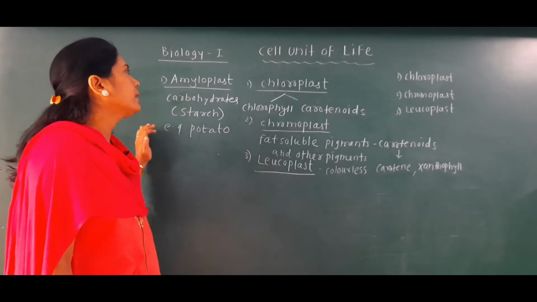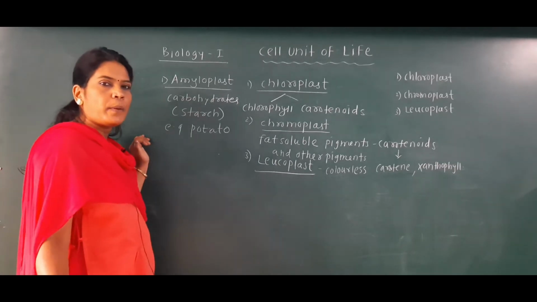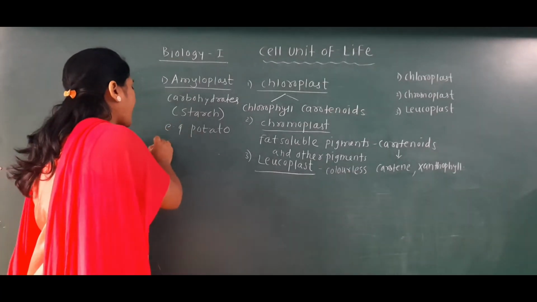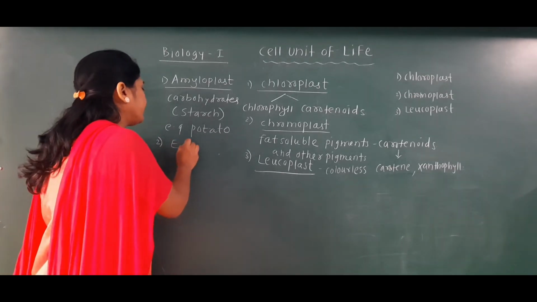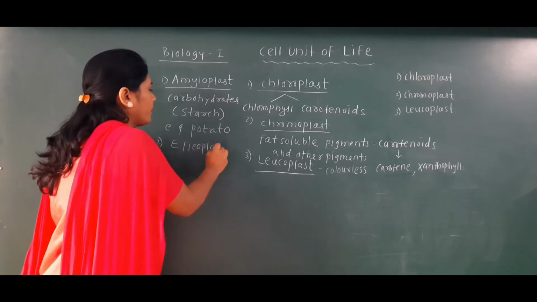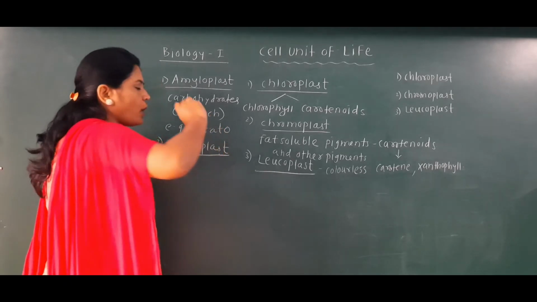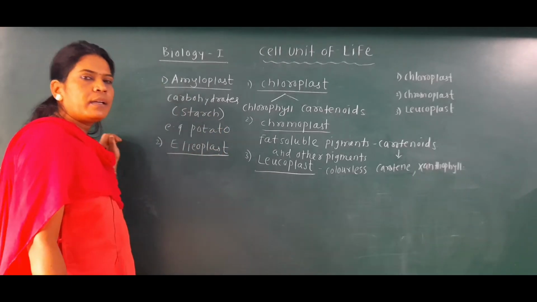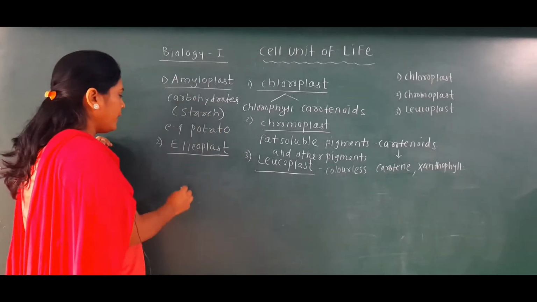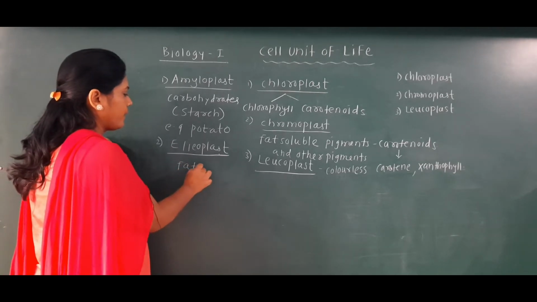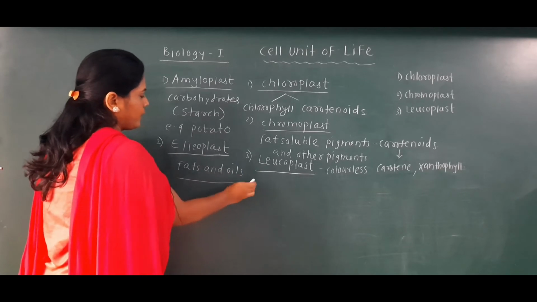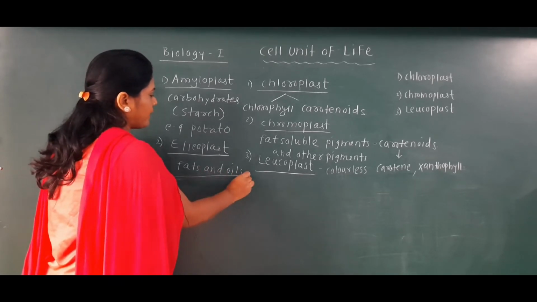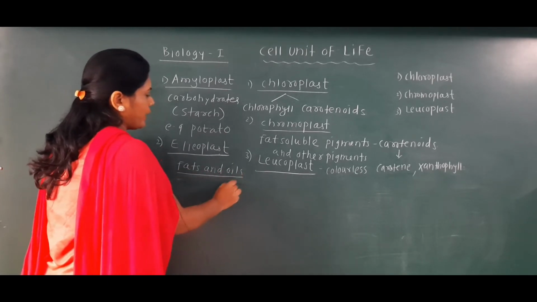Then the second type of leucoplast, next to amyloplast, is the elaioplast. What is elaioplast? It stores fats and oils.